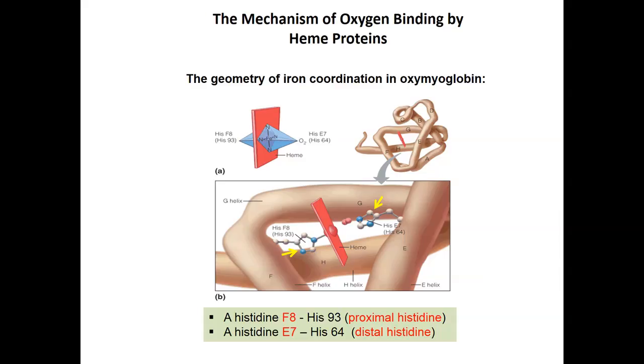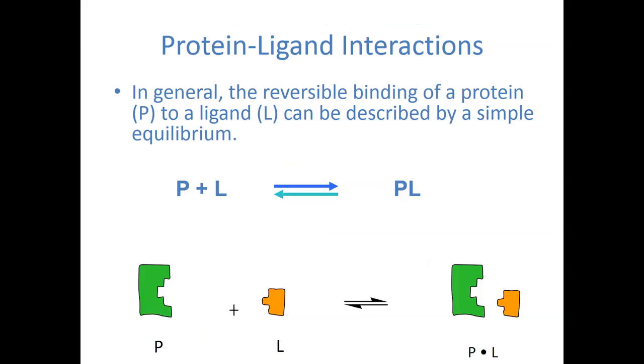So if you have a mutation that affects this histidine, the transport of oxygen by hemoglobin is affected, okay? So these 2 histidines are very, very important. That's why I want to bring it to your attention, okay? Even though it's not bound to the heme, if it's mutated, the oxygen binding will not occur properly, okay? That's the structure.